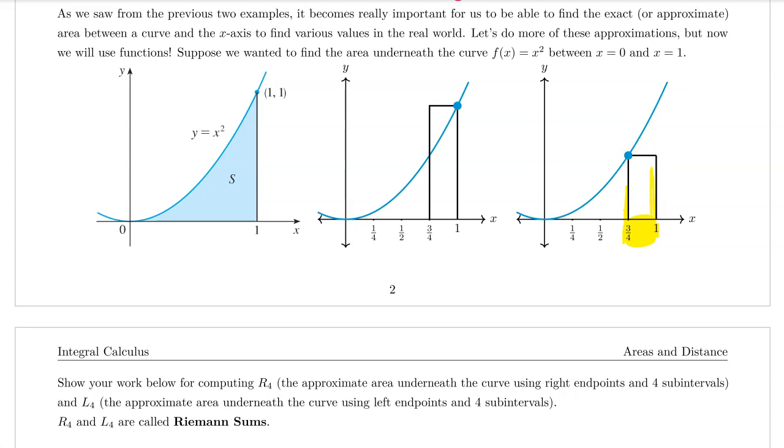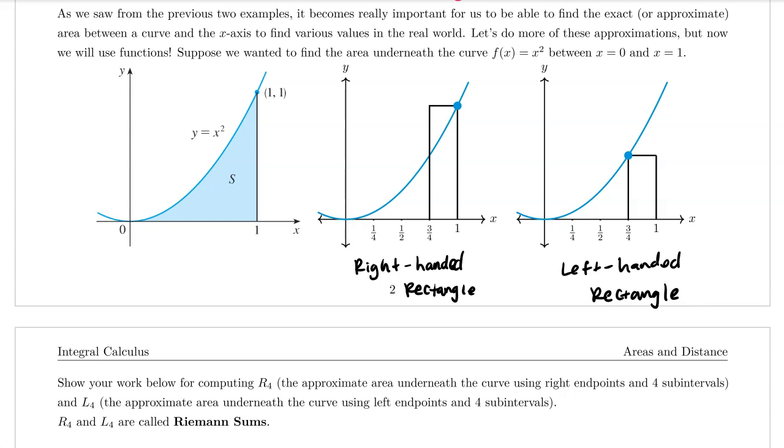So these rectangles have names, and the one here is called a right-handed rectangle, and this one is called the left-handed rectangle. And we're going to use these again to estimate the area underneath our curve. So why don't I go ahead and draw the rest of our rectangles.